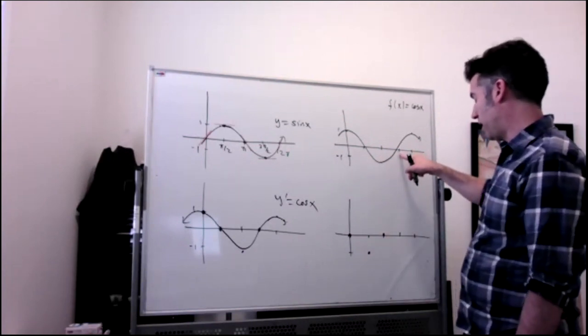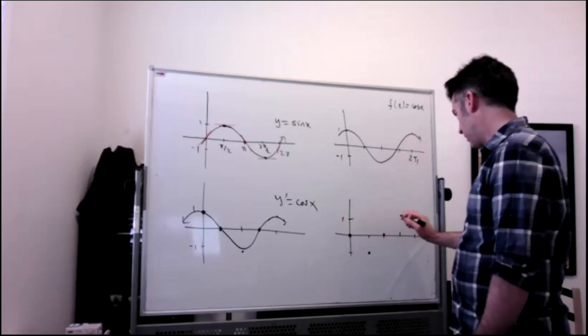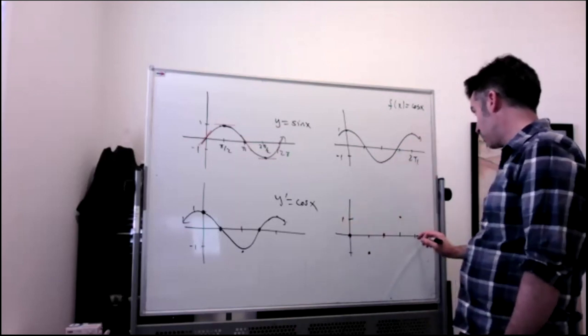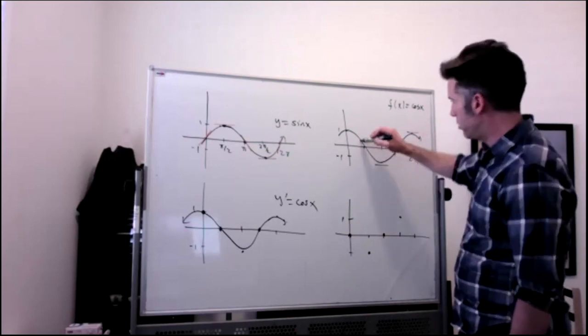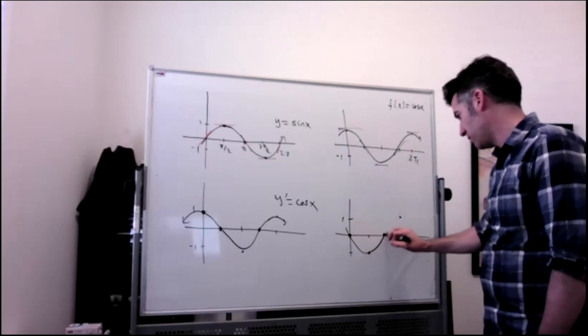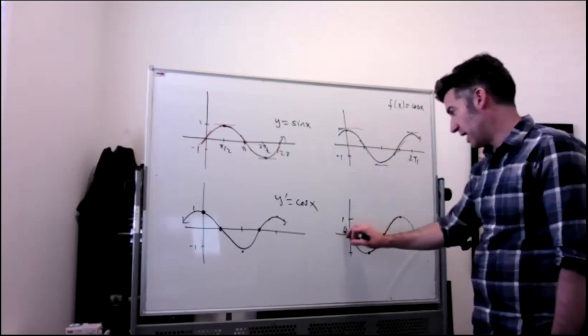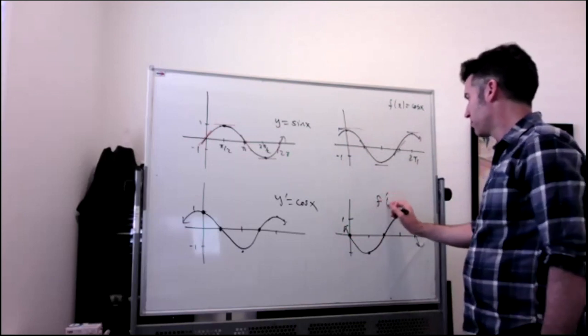At 3 pi over 2, it's +1. And finally, at 2 pi, it's back to a slope of 0, right? I should draw the tangent lines. And hey, that looks a lot like the sine graph flipped over, which is negative sine.